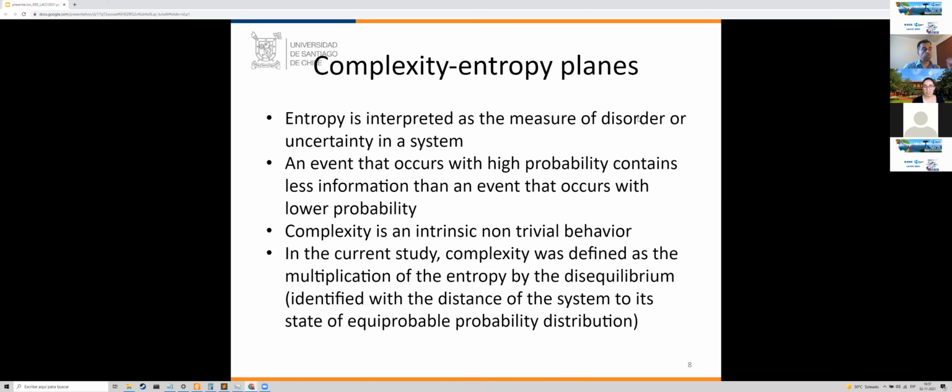Secondly, complexity is an intrinsic non-trivial behavior of a system. In the current study, complexity was defined as a multiplication of the entropy by the disequilibrium, which is identified with the distance of the system to its state of equiprobable probability distribution.